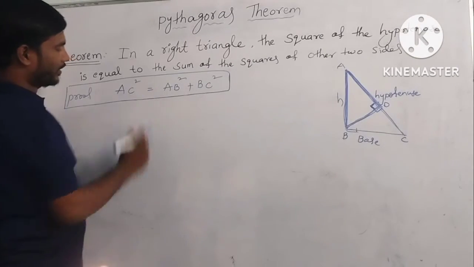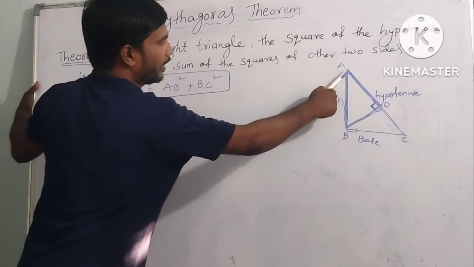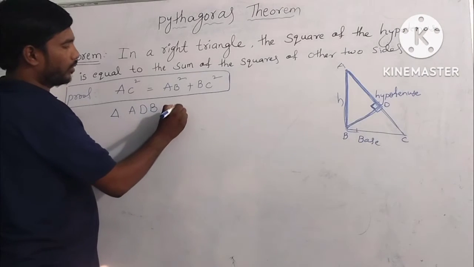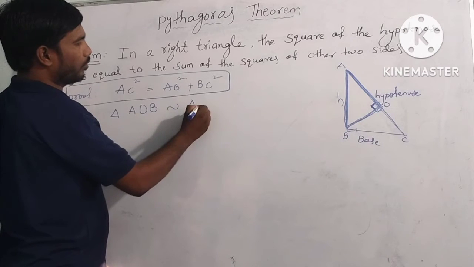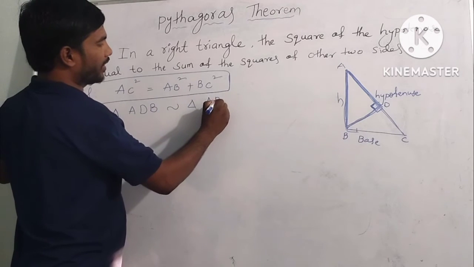Now, to prove Pythagoras theorem, what am I taking first? Triangle ADB, similar to the old triangle. What is the old triangle? ABC.